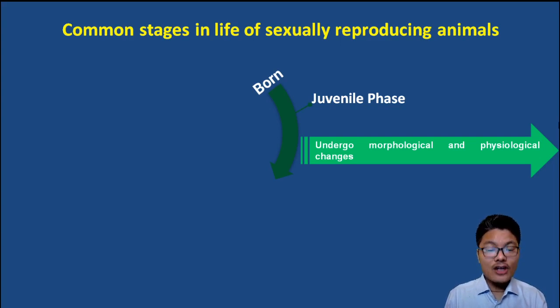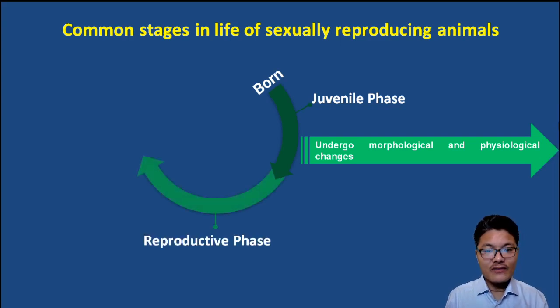And there are physiological changes occurring in the body of the animals. After the juvenile phase, in our life, there is a stage called puberty. After attaining puberty, there are drastic morphological and physiological changes occurring.